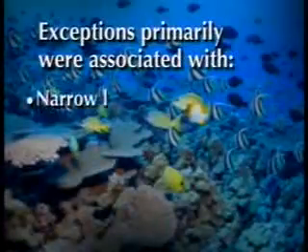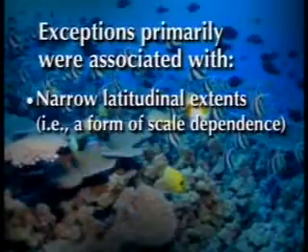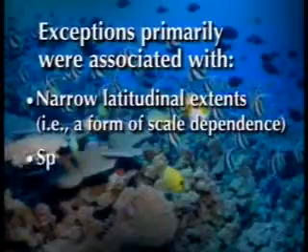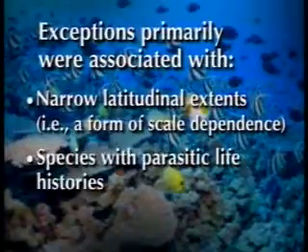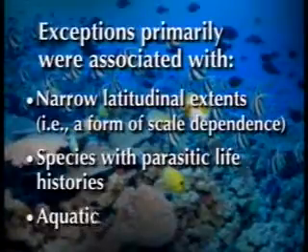And these exceptions are primarily associated with, number one, the narrow latitudinal extent, that is a form of scale dependence. Second, the species with parasitic life histories, they do not adhere to this pattern. And number three, aquatic floras.